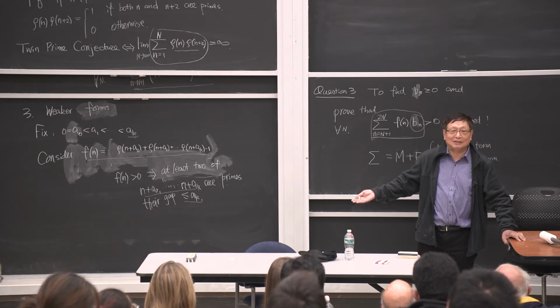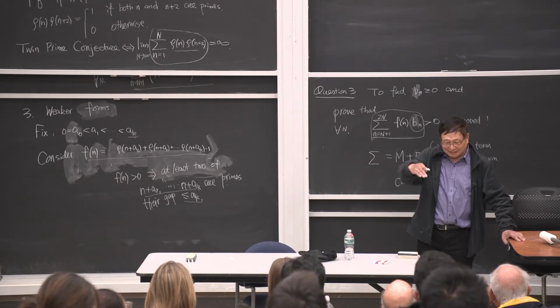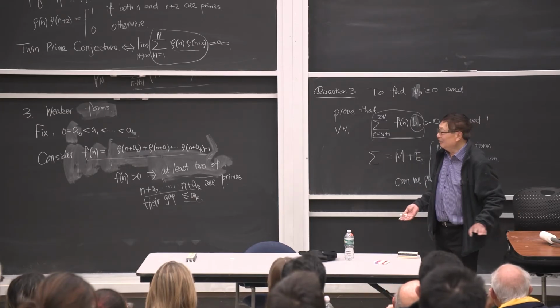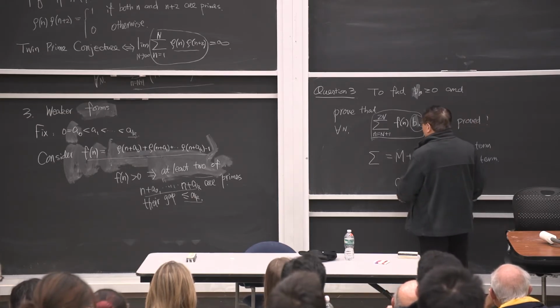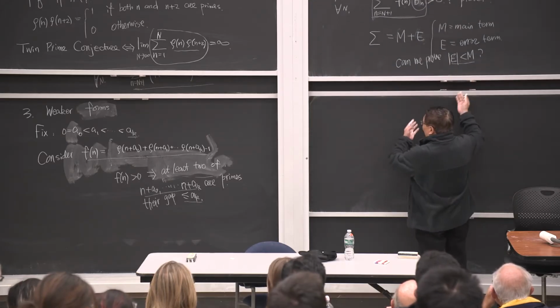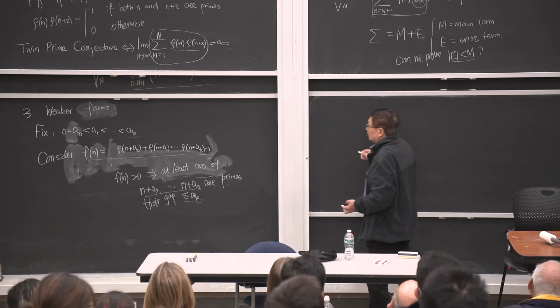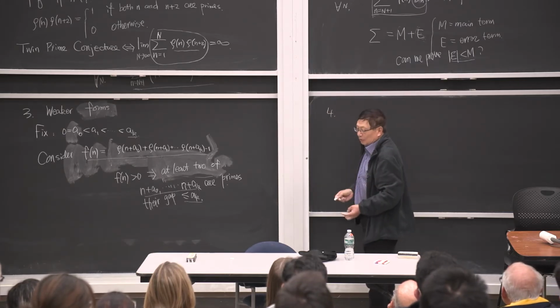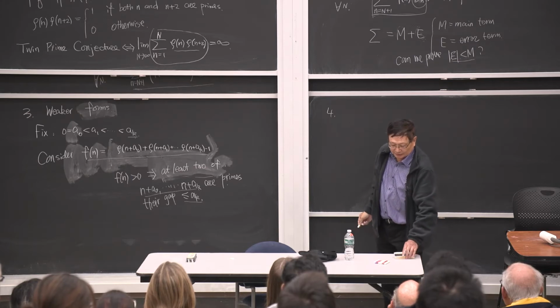How can we choose these? Like finding a needle in the ocean, right? So here, let me say some background from number theory.